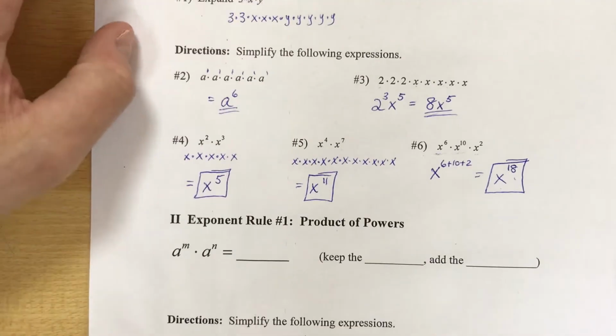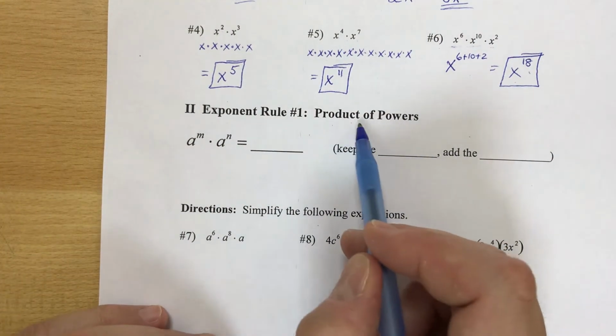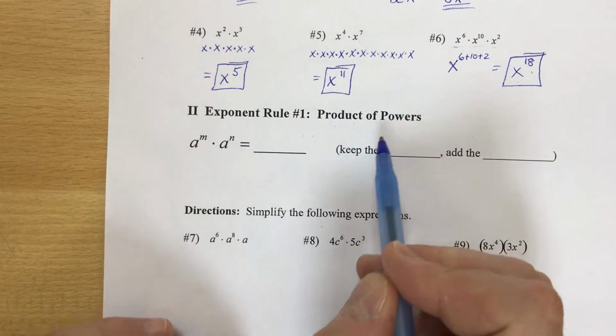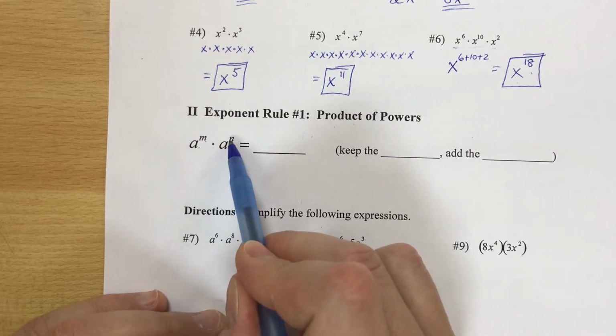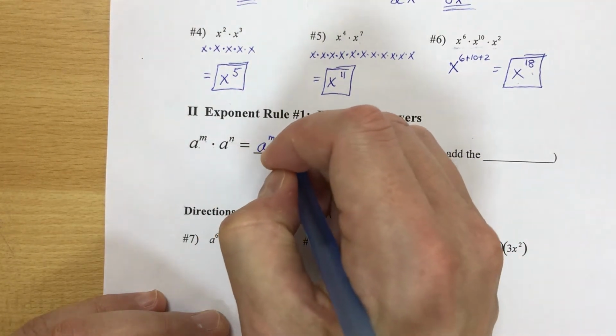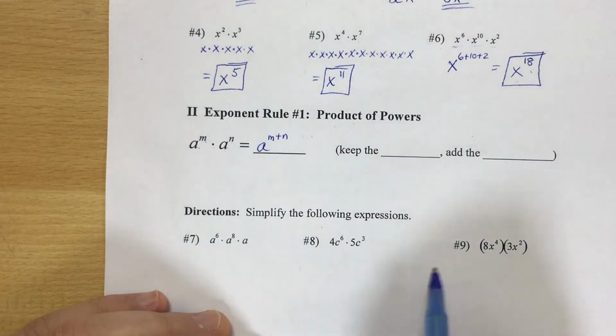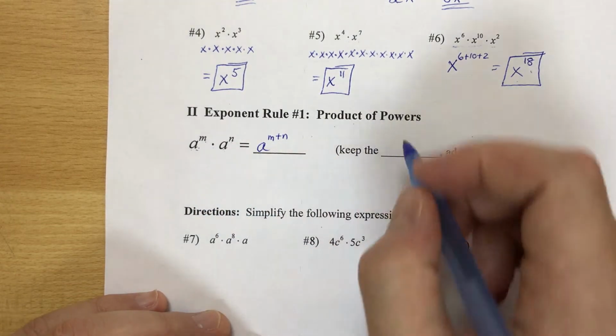So here's exponent rule number 1. This is called a product of powers. A raised to the m times a raised to the n is a raised to the m plus n. So basically what happens is we keep the base. The base is a.